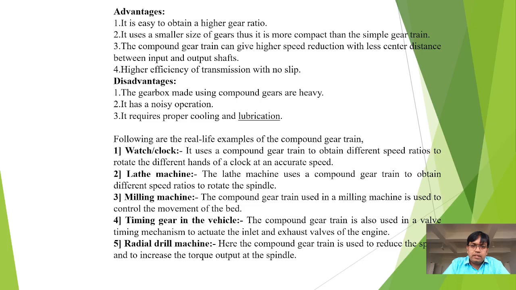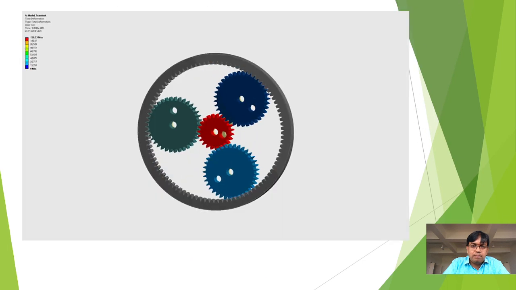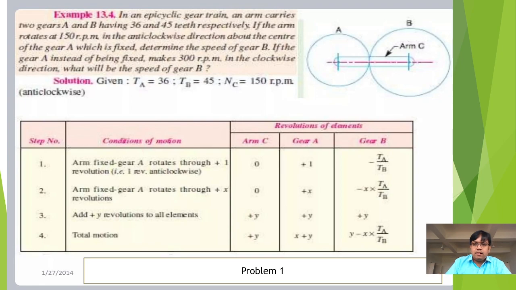Now let us see one simple numerical example of this epicyclic gear train. An example is shown here in the slide. In the epicyclic gear train shown in the figure, you see gear A and gear B, where gears A and B are meshed externally and connected with an arm C. In this epicyclic gear train, an arm carries two gears A and B, having 36 and 45 teeth respectively.